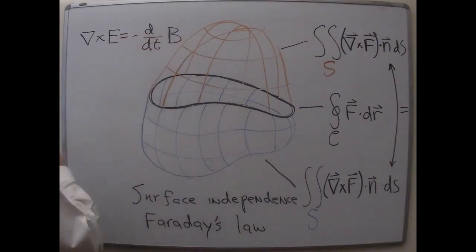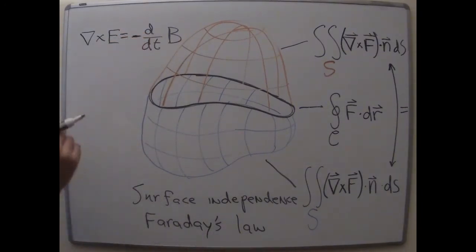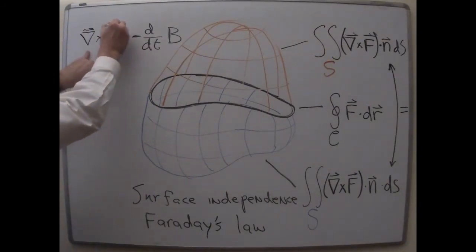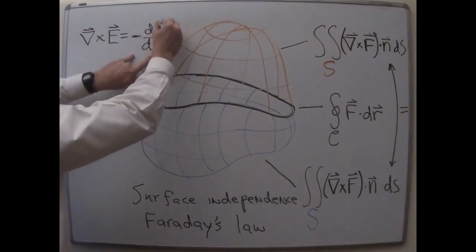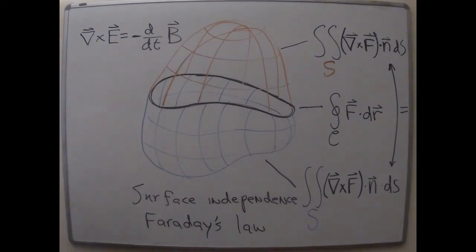There's a minus sign in there, because of something called Lenz's law that tells you the directionality of the magnetic field's derivative goes against del cross E. So these are both vector things, right? Del cross E gets you a vector, and the time derivative of B gets you a vector. What it's saying is those two vectors point in opposite directions. That's essentially what Lenz's law is about.